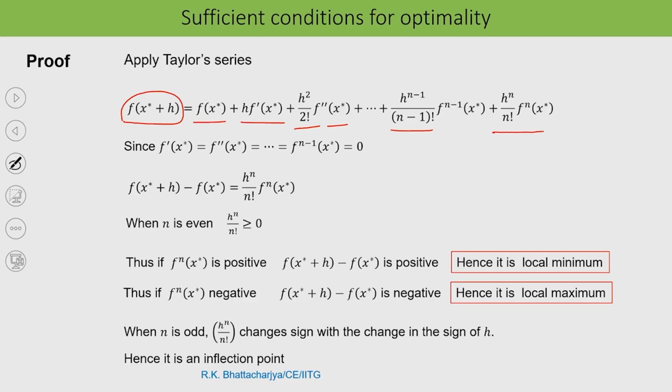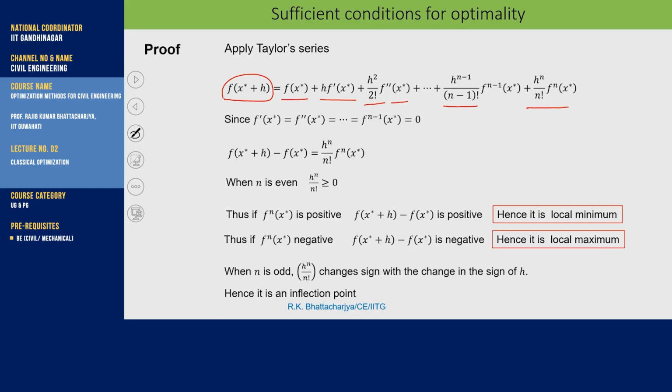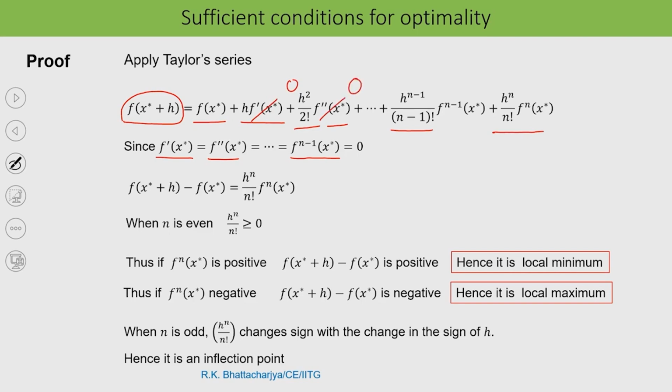Now, as per the definition the first derivative is 0 because that is a stationary point. Suppose the second derivative is 0, the third derivative is 0, up to the n minus 1 derivative being 0. Here the first derivative is 0, therefore this will be 0, the second derivative is 0 and the n minus 1 derivative is also 0.